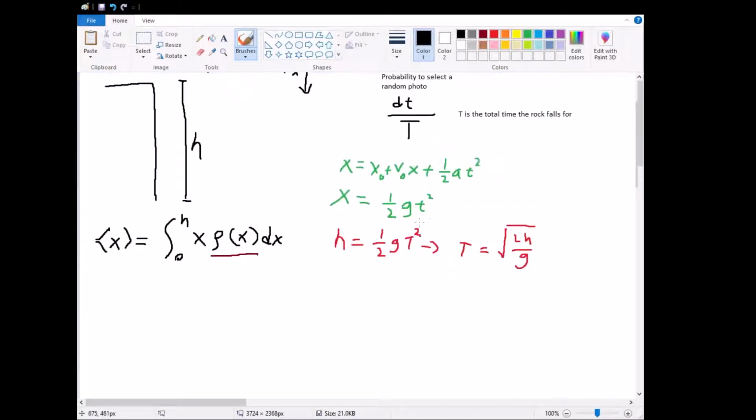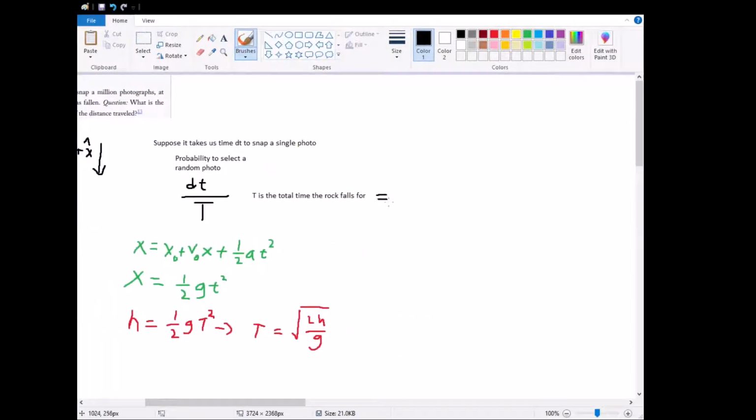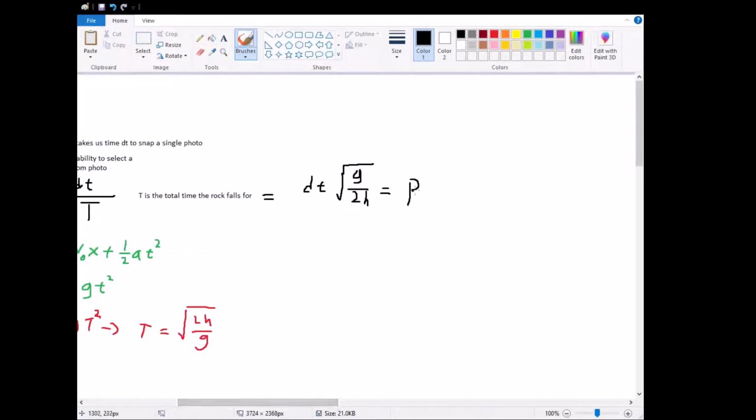Okay, so if we plug this to the top, our probability ends up being dt times square root of g over 2h. So what is this? This is equivalent to our probability. Now, note that the probability in a discrete distribution is the analog to the probability density, which is found in a continuous distribution.